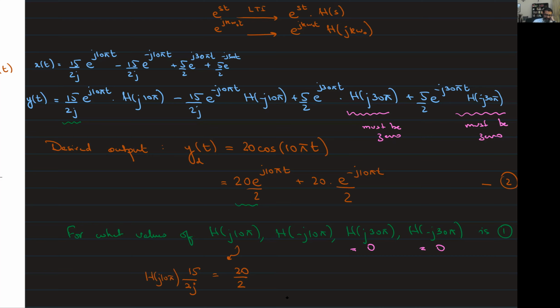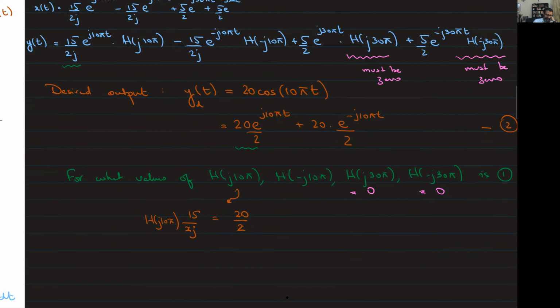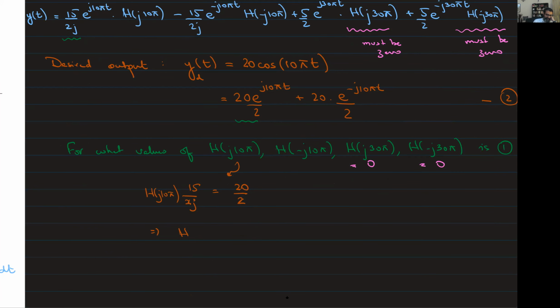And this 2 cancels with this 2, and this implies that h of j 10 pi must be equal to 20 divided by 15, which is 4/3, and therefore this is 4/3j. So there's a j term here as well. 4j/3. Excellent, Asad.